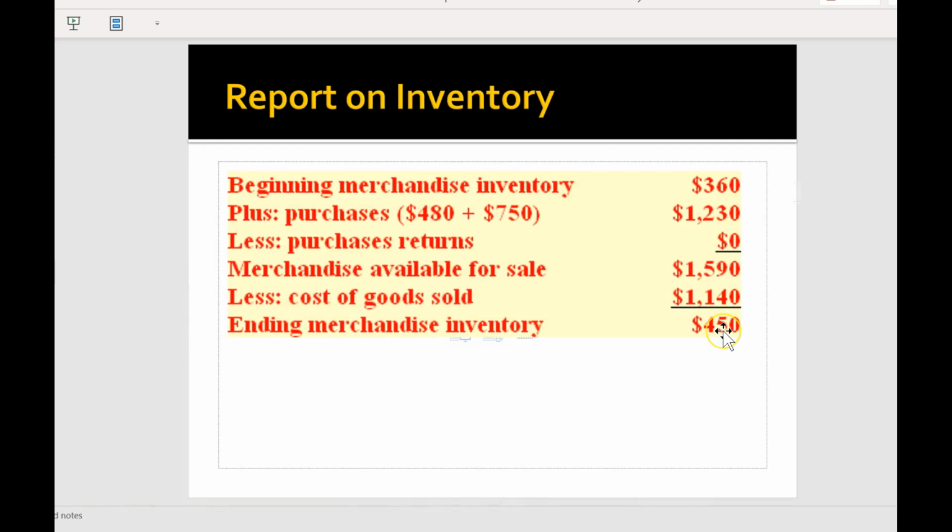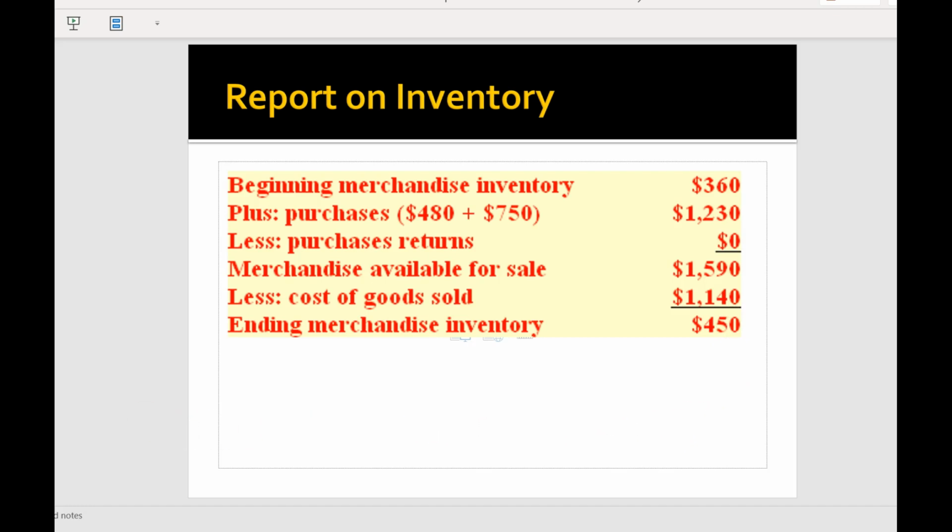So it's basically an equation. Beginning plus purchase equals available for sale. Cost of goods sold plus ending inventory also equals available for sale. So if you have any one component missing, you basically could solve the equation. It's one equation with one unknown.